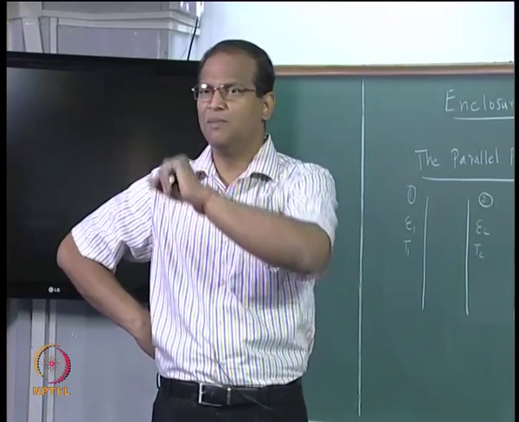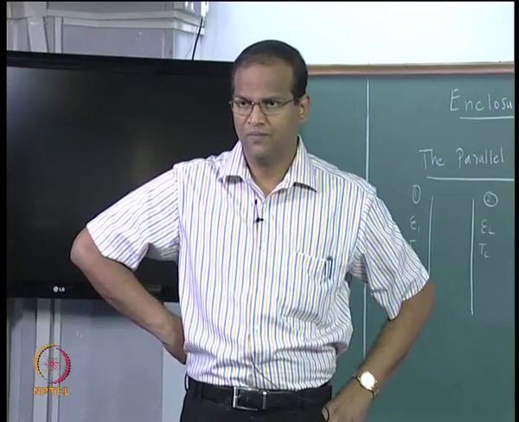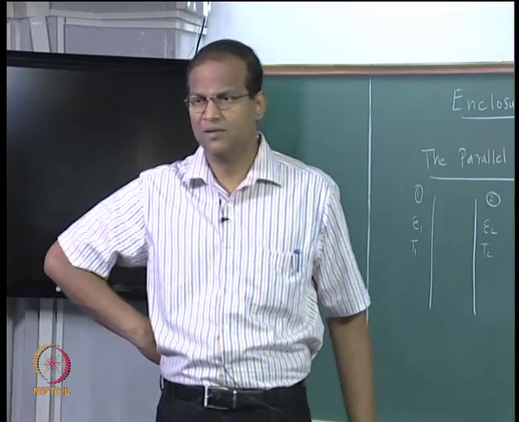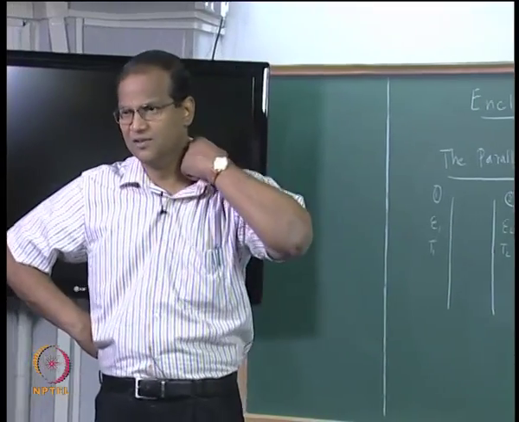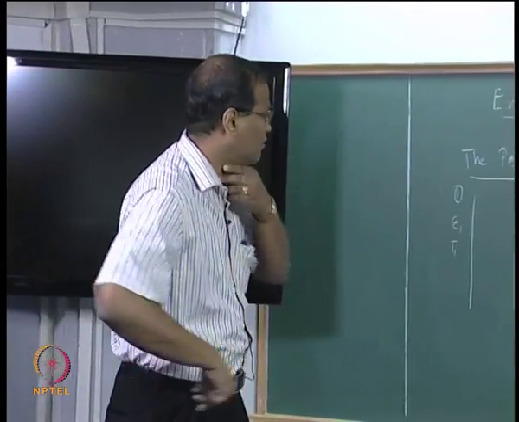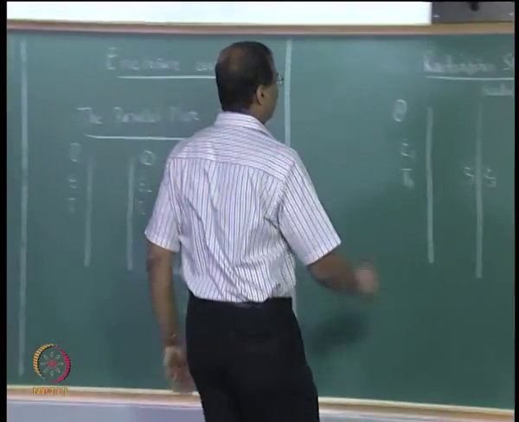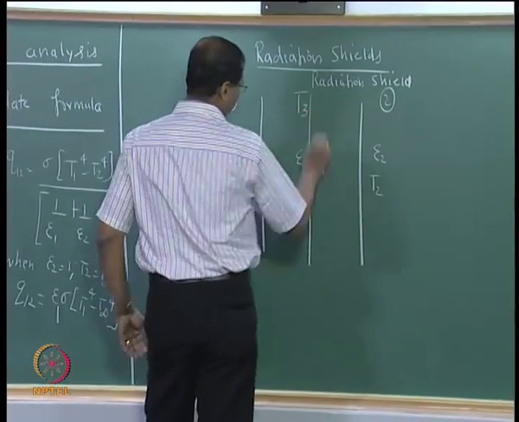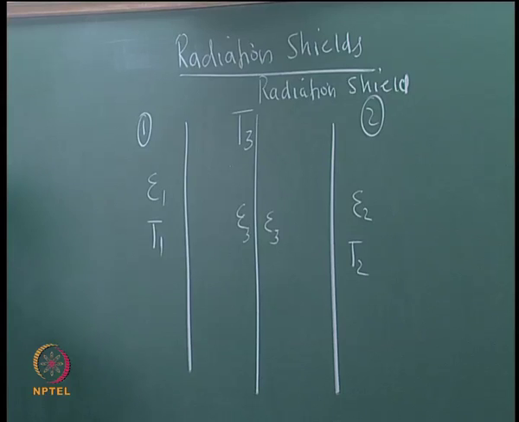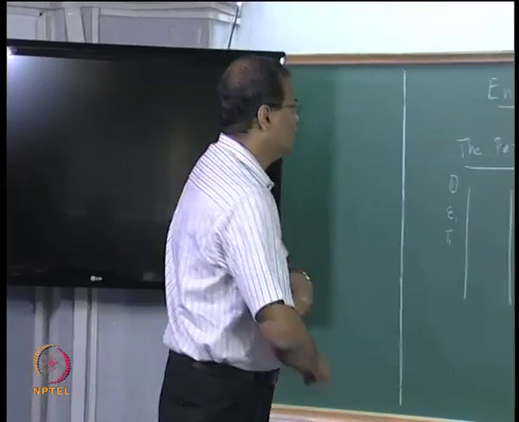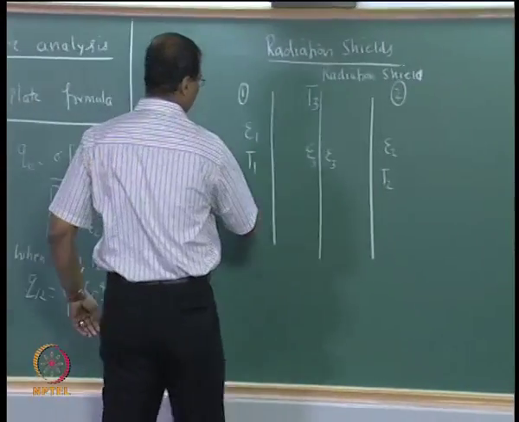We are still talking about an opaque shield, not a transparent sheet. Now let its temperature be T3. Now steady state prevails in the system, so the radiation heat transfer is taking place like this.